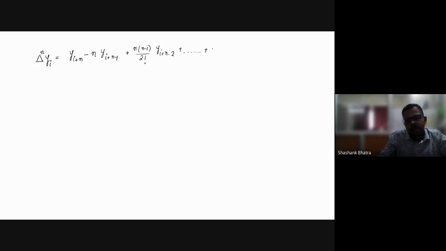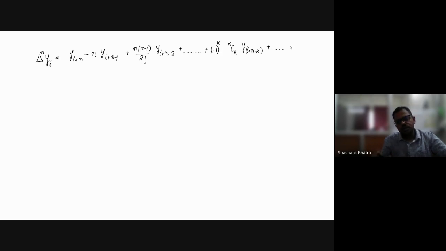In the intermediate, at any point k, the kth term will be minus 1 to the power k, nCk, combinations, times y of i plus n minus k, and so on. So this will be for any generalized nth order forward difference of y at any point i.